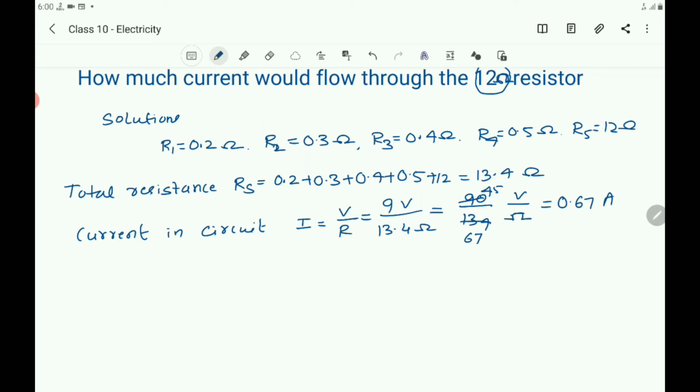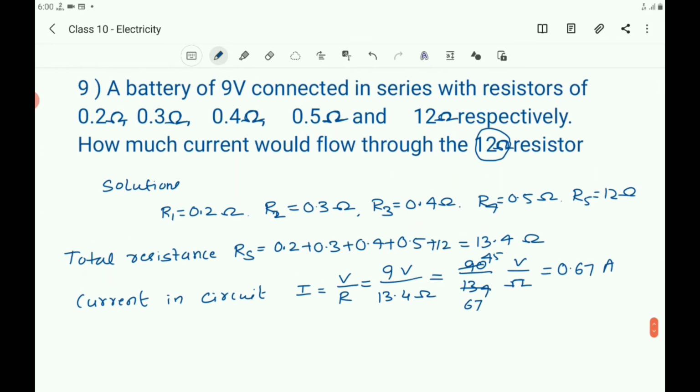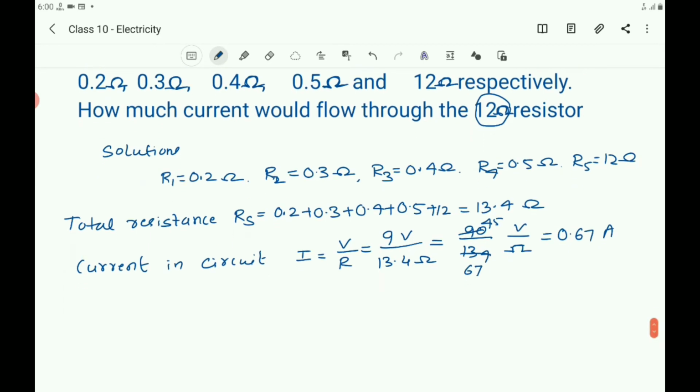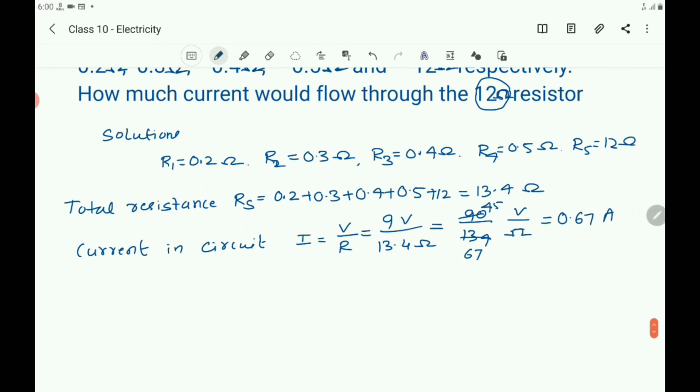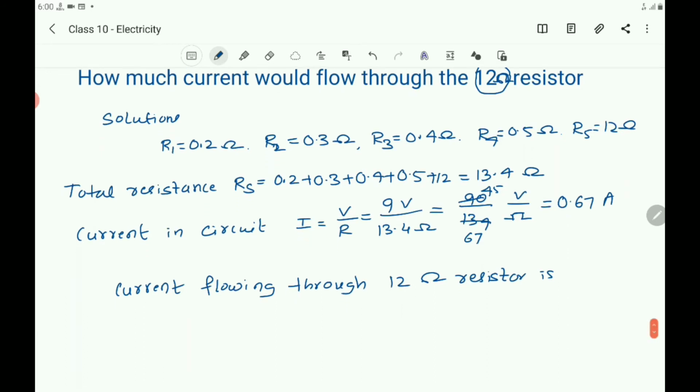There is no change in the flow of current in each resistor, because in a series connection all the resistors get the same amount of current flowing through them. Therefore the current flowing through the 12 ohm resistor is equal to the total current in the circuit, that is 0.67 amps.